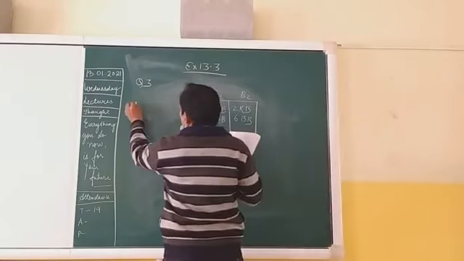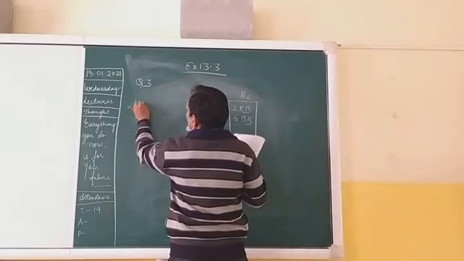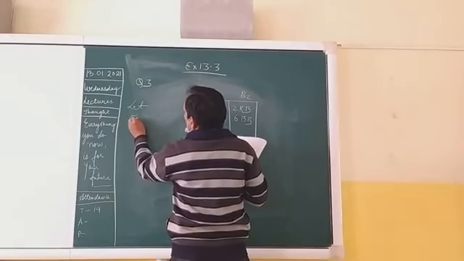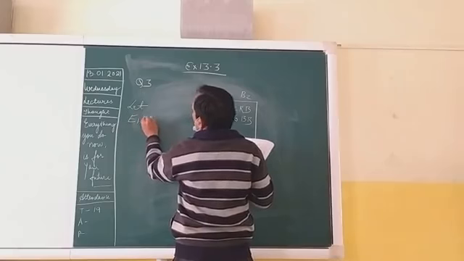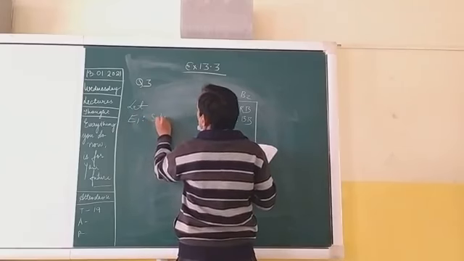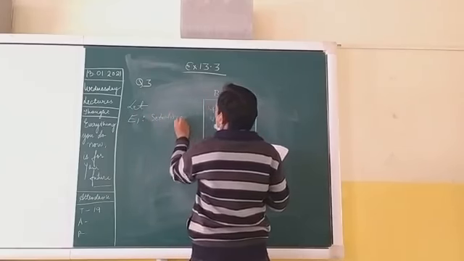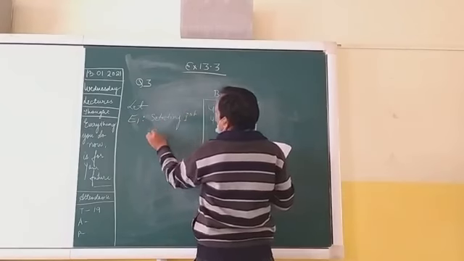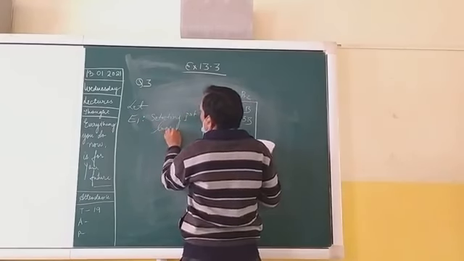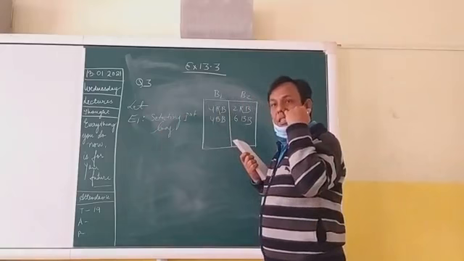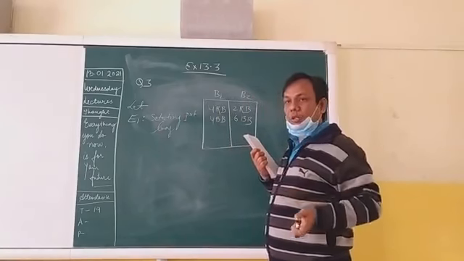So first we have to write the statement: let E1 be selecting the first bag. First of all we have to define each term. Whatever you are writing you have to define.